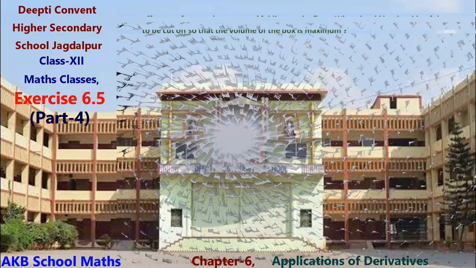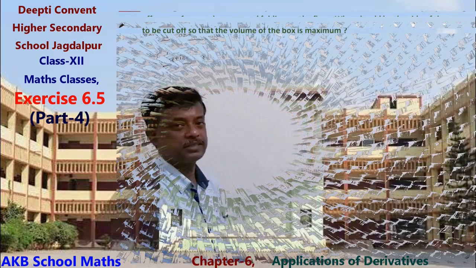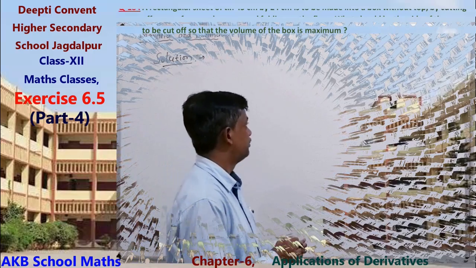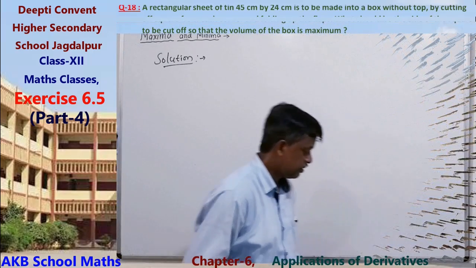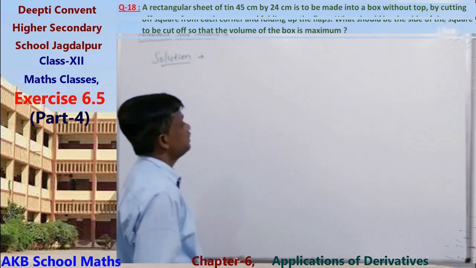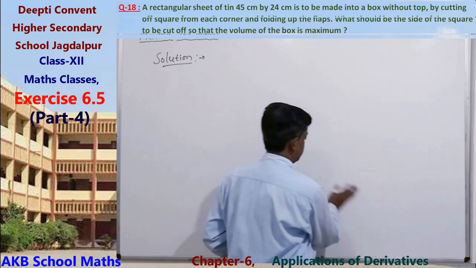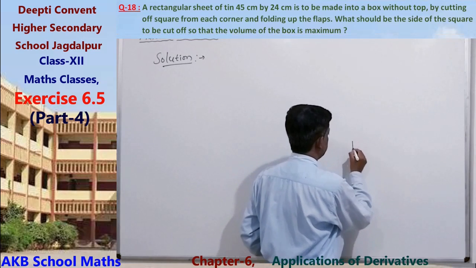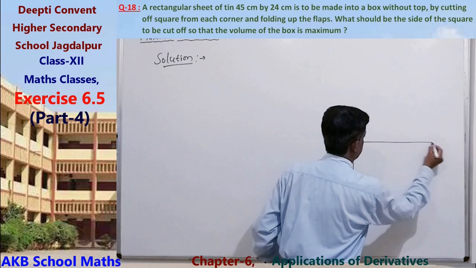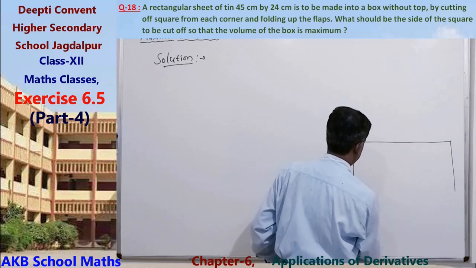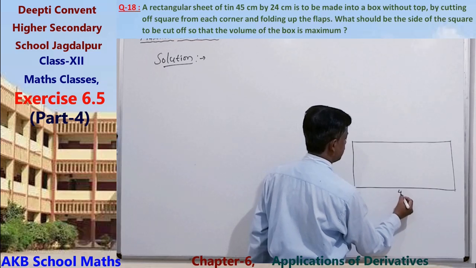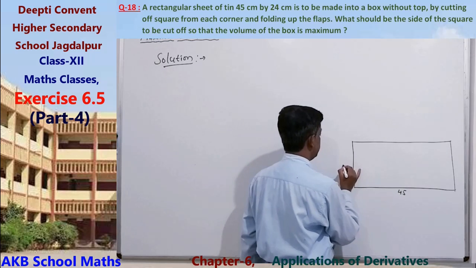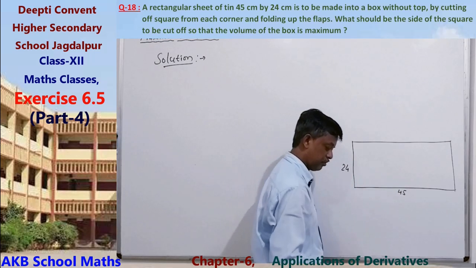Now take question 18 of exercise 6.5, where we have a rectangular sheet of length 45 and breadth 24.